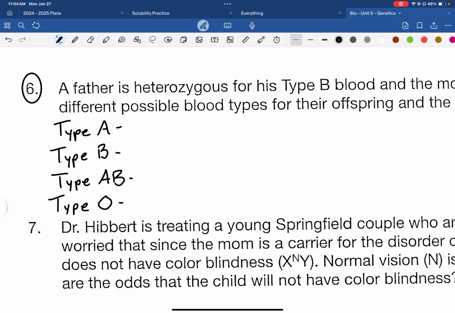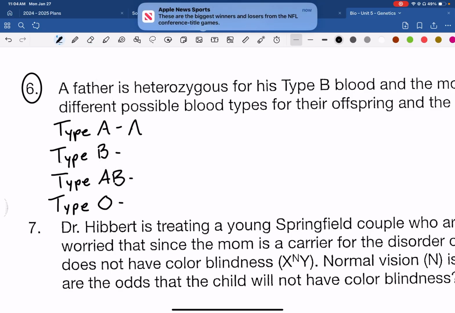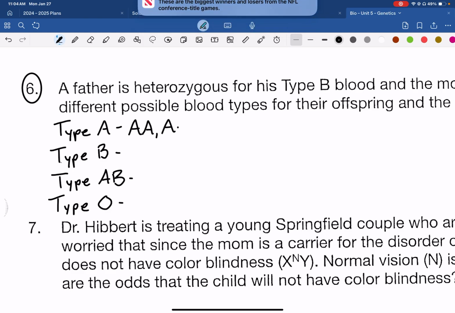What are the possible genotypes for each phenotype? So for type A, you can either have AA or AI. Now I want to be clear with something with regards to this I. You may see it represented as AI or AO. The I just represents the O allele.